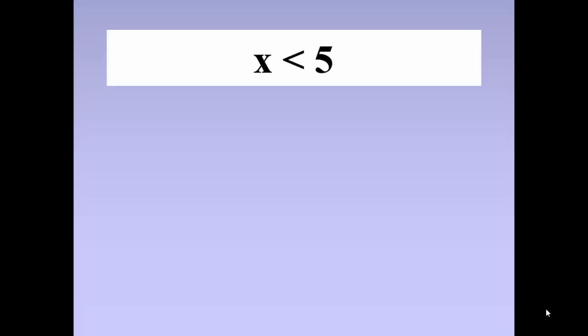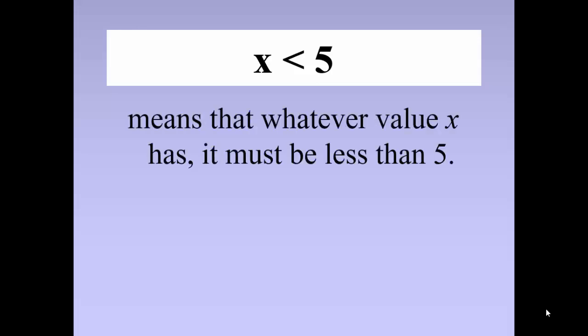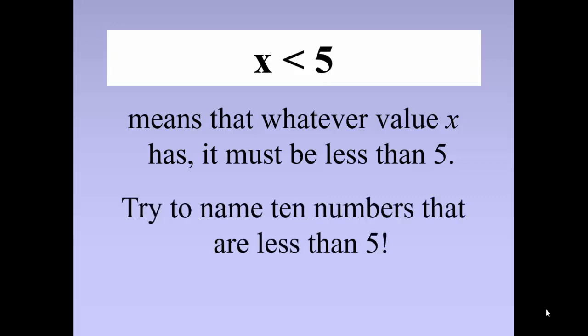So here our first example is a simple inequality where we have x is less than 5. So whatever value x has, it has to be less than 5. Take a moment to try to name 10 numbers that are less than 5.